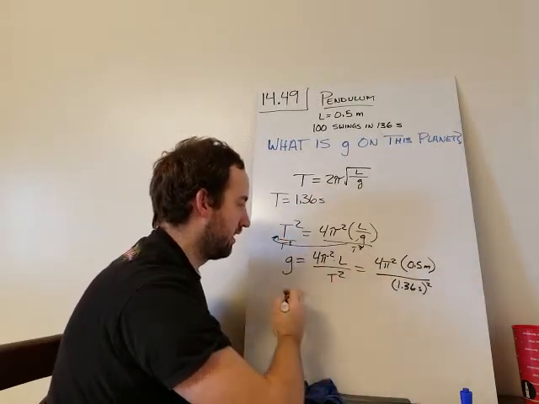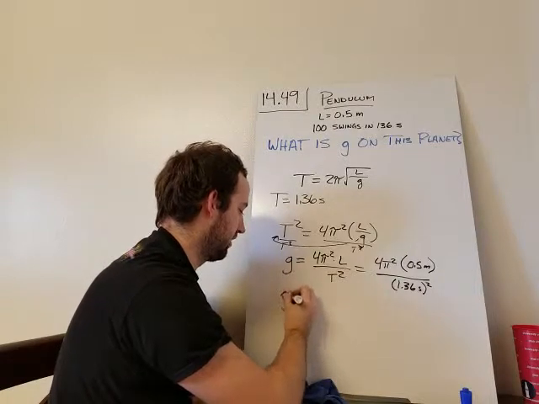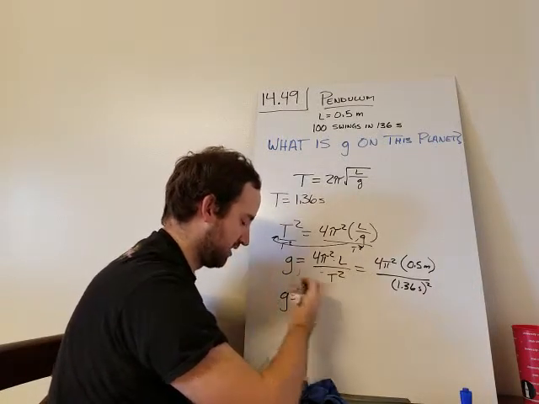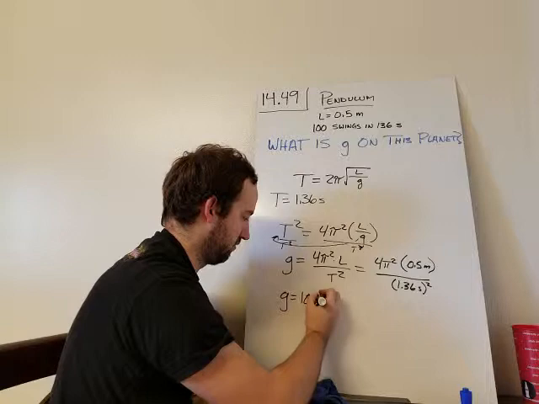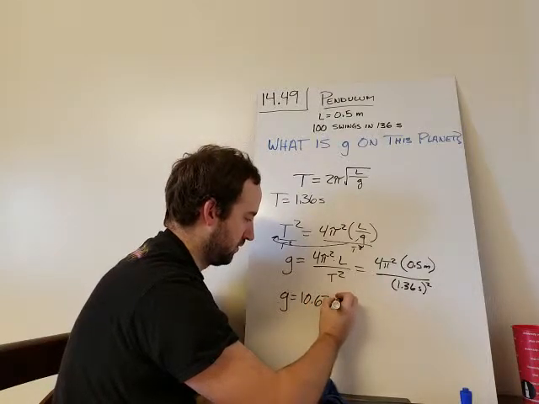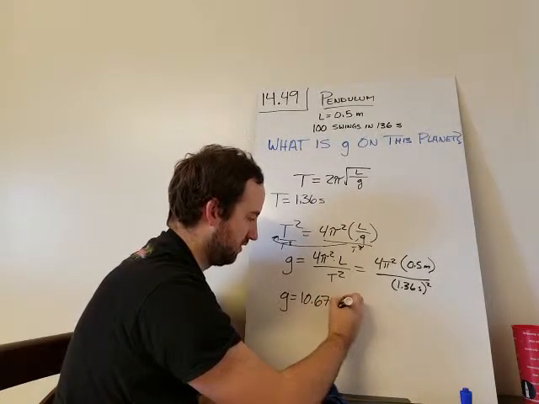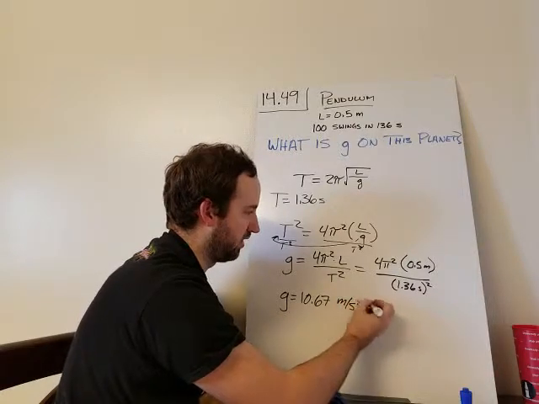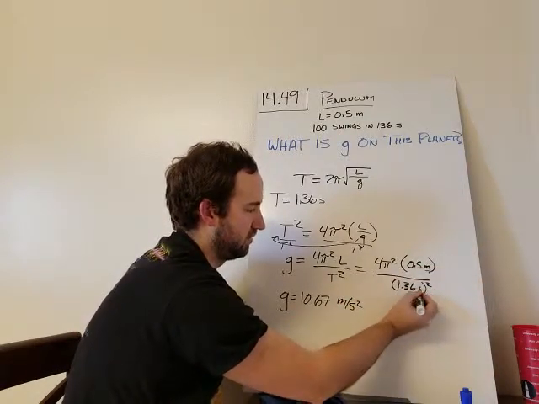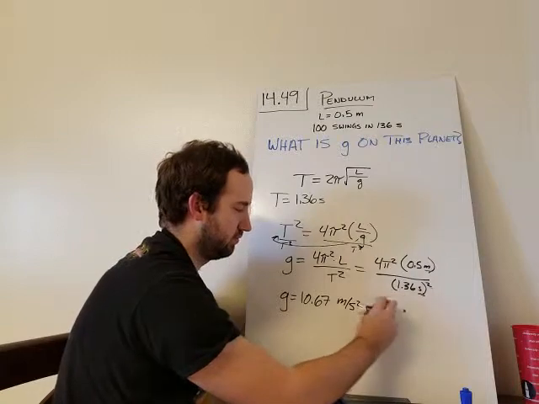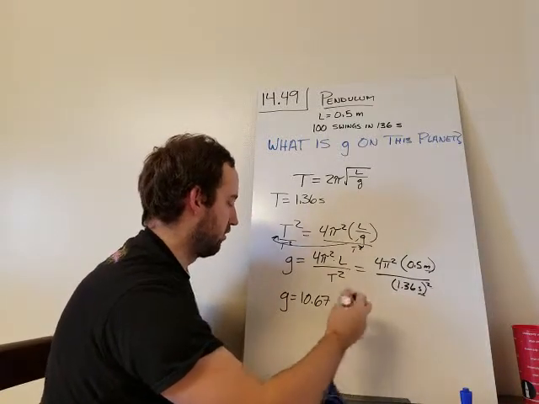When we throw that in the calculator, we get that the gravity is 10.67 meters per second squared, right? Meters here, and then since the seconds is squared, per second squared.